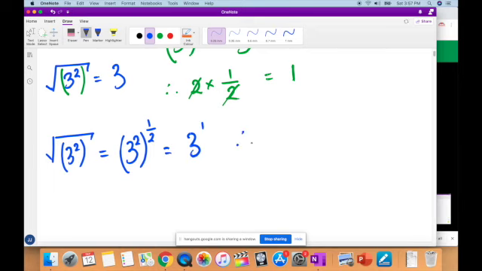So therefore, what rule are we on now? Rule number 5. Rule number 5 is when you have the square root of a number, that actually means that number is to the power of a half.